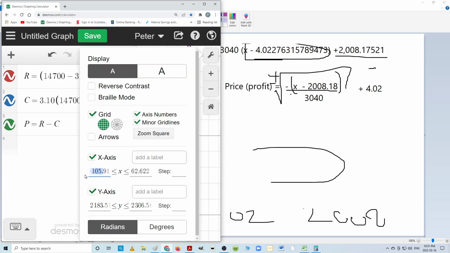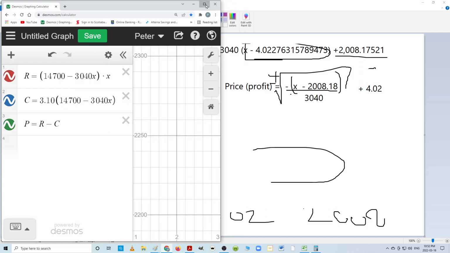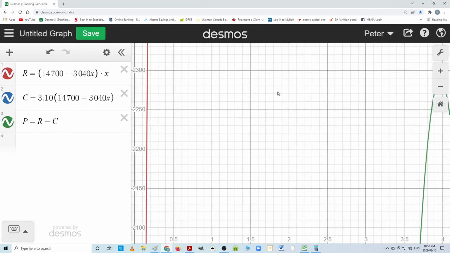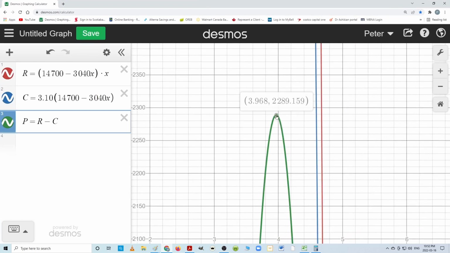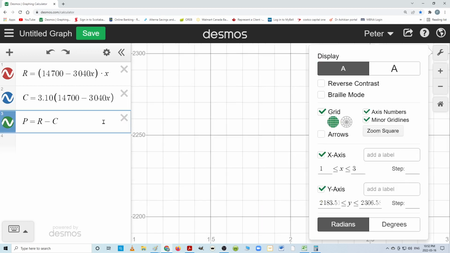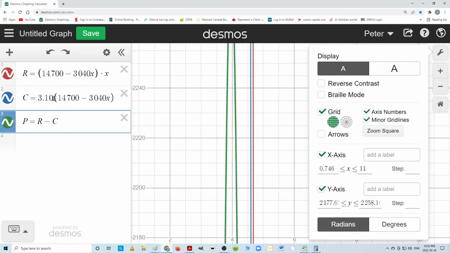Let's try making x 1 to 3. See if that helped. There it is. Yeah, so that raised my profit to $2,289.16 per week, and it means I could set the price of my beef at $3.98. Going back to what it was, which was $3.21.